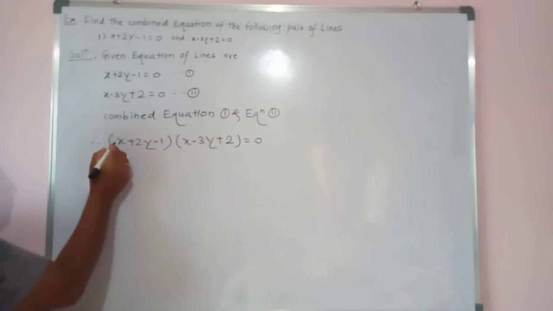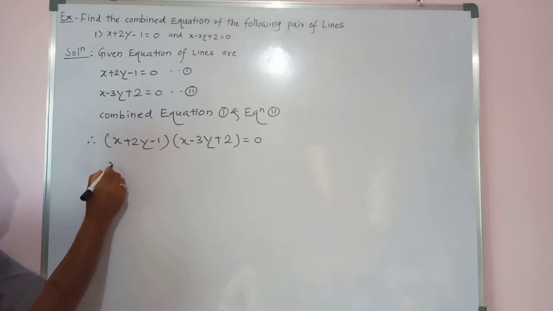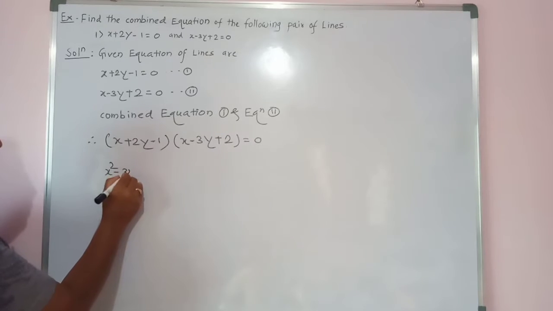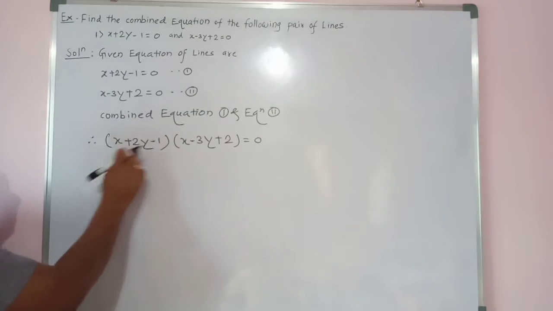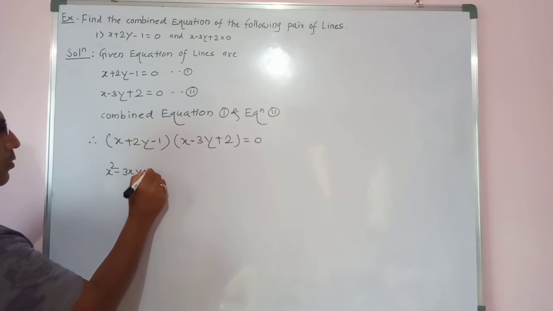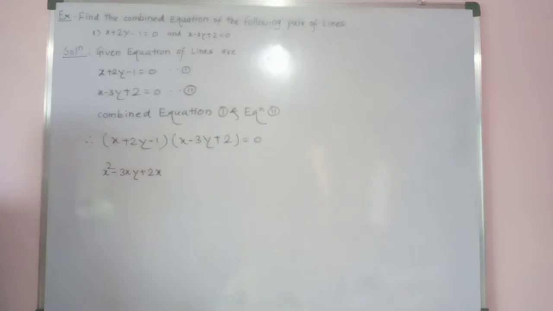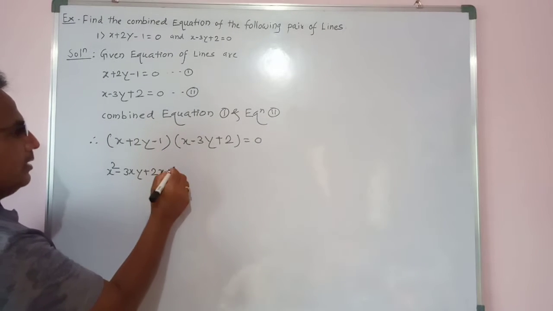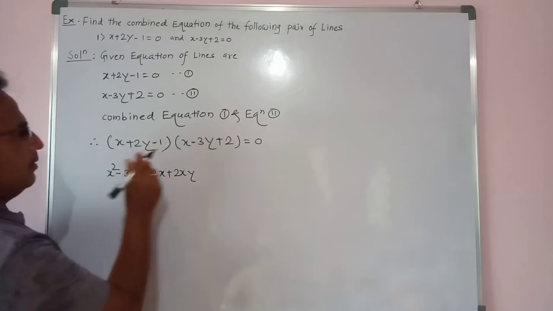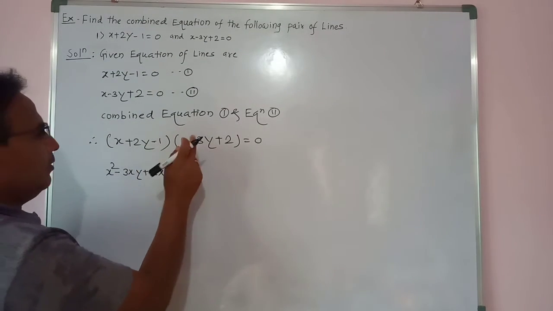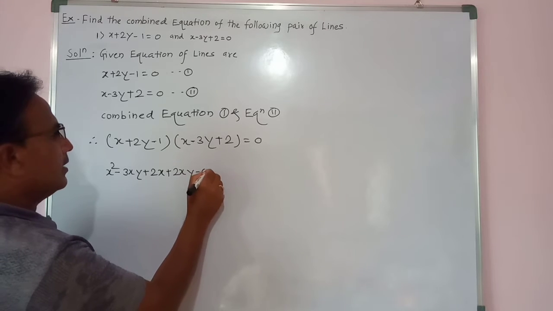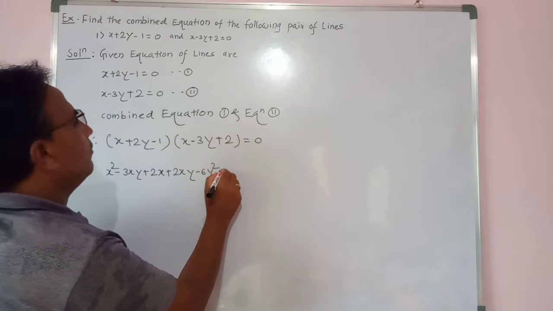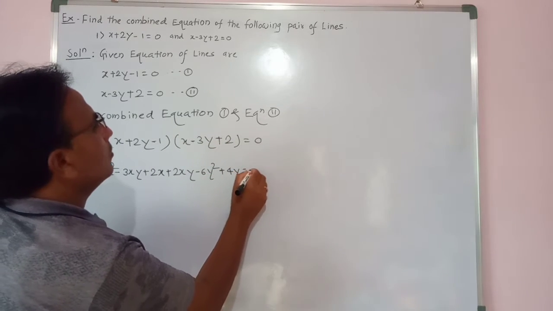We multiply x into x, x square, x into minus 3y, minus 3xy, x into plus 2, plus 2x. Then we multiply 2y into x, 2xy. 2y into minus 3y is minus 6y square. 2y into 2 is 4y equal to 0.